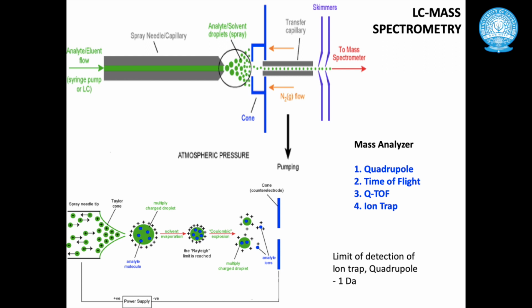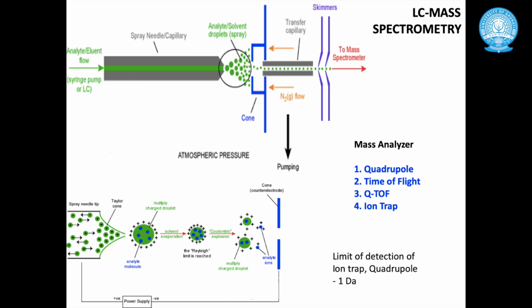So let us figure out how many components a mass spectrometry instrument has. The first component, if you see on the slide, in the top panel, is one capillary. Then there is an ionization chamber or ionization setup, which is of different types.